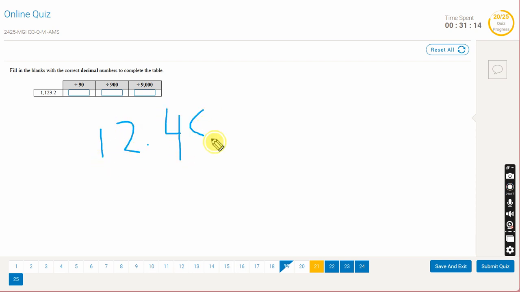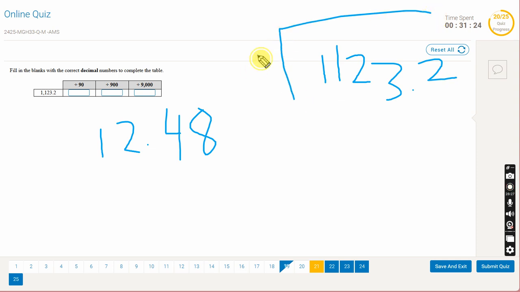Remember, whenever you divide, what you can do is divide 1123 directly by 9, and worry about the zeros later on. So when you divide this by 9, what do you get? Just a minute. 124.8. Let's do it together.